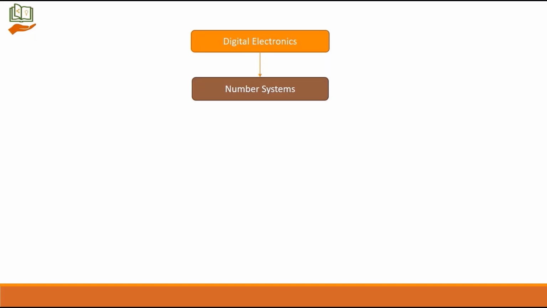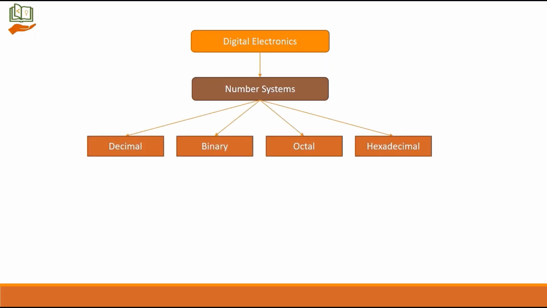In that we have 4 number systems: decimal, binary, octal and hexadecimal. Decimal is base 10, binary is base 2, octal is base 8, hexadecimal is base 16. All these 4 number systems can be placed under the topic number systems. Every number system can be expressed in every other number system.